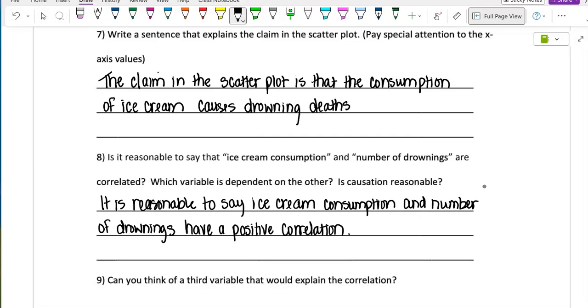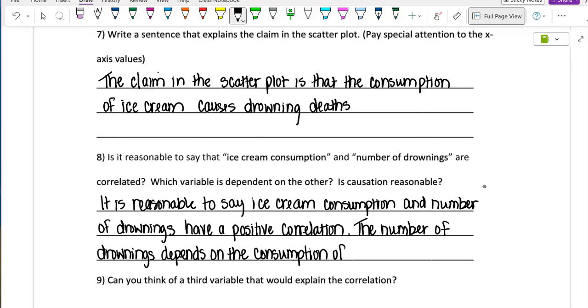And the number of drownings depends on the consumption of ice cream. Is causation reasonable?